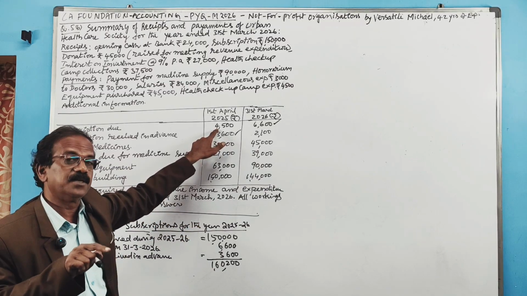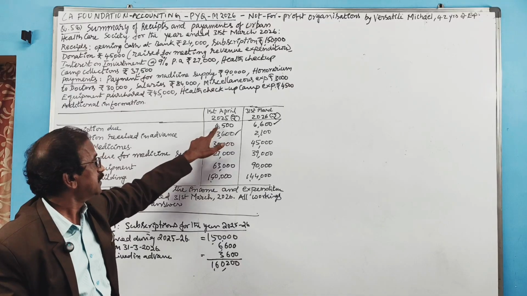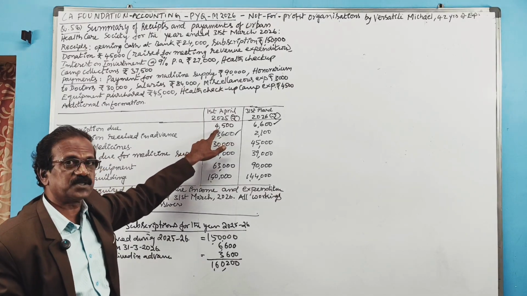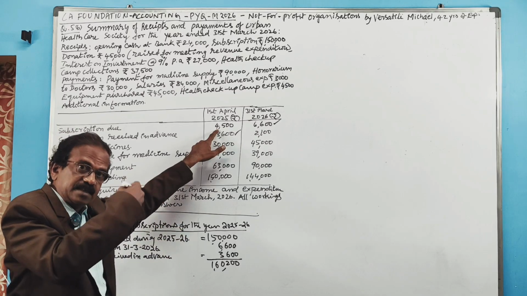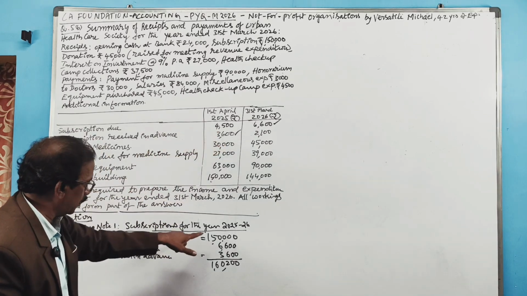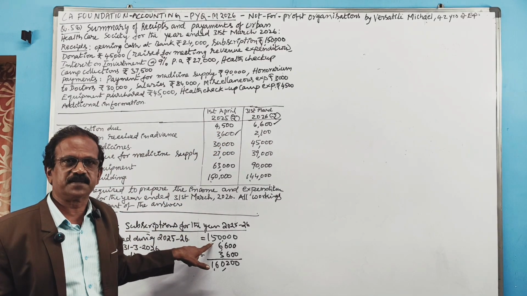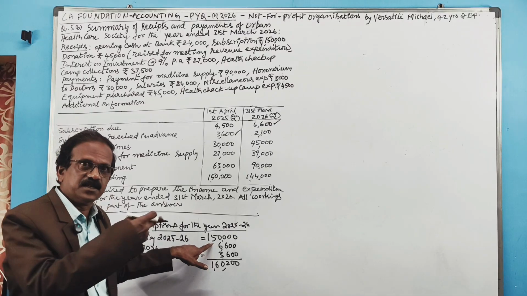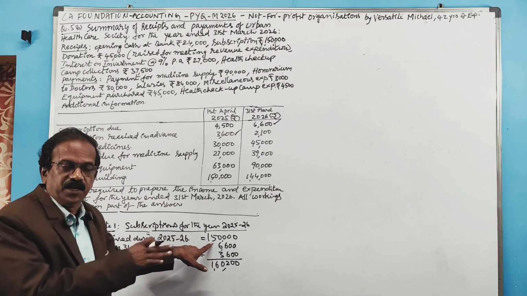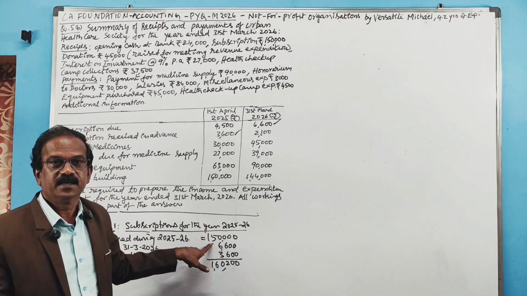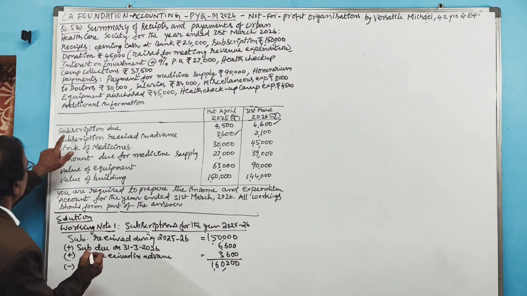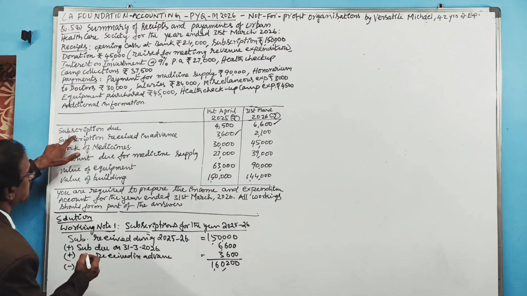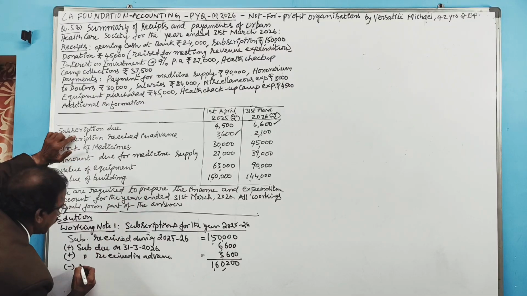It means this 4,500, which relates to the last year, is received this year and included in the 1,50,000. Since it is included in 1,50,000, it should be subtracted because it doesn't relate to the current year. Subtract it. So what we have to write? Subscription due in the beginning.